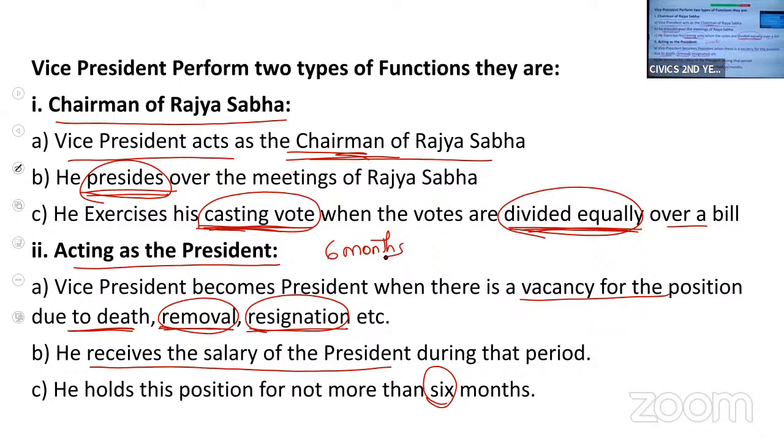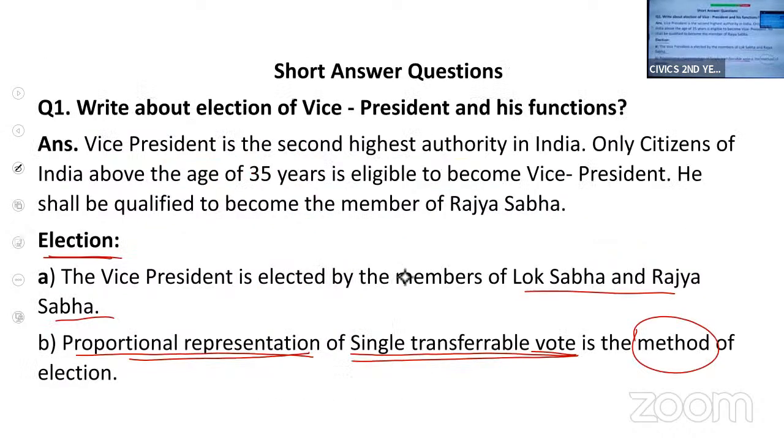Okay. So if you write this answer like this, you will get 5 on 5. It's a very simple answer. You must keep a few things in your mind. What is the position of vice president? He is the second highest authority. Who can become the vice president?